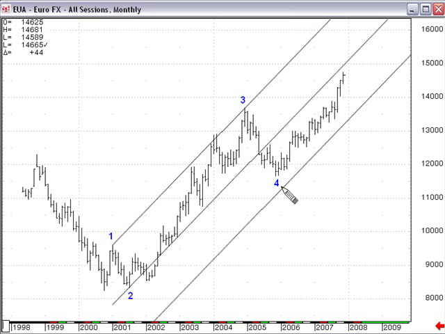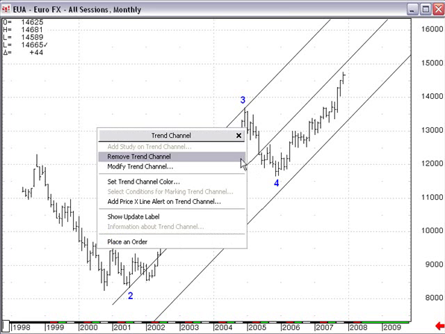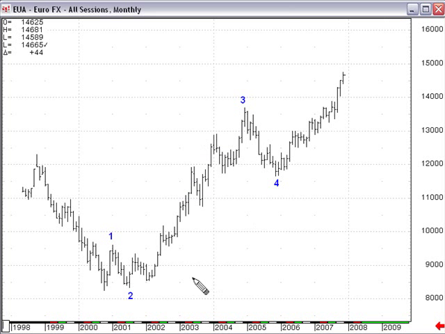As you can see, this lower boundary line did in fact hold, and it did contain the fourth wave pullback here.